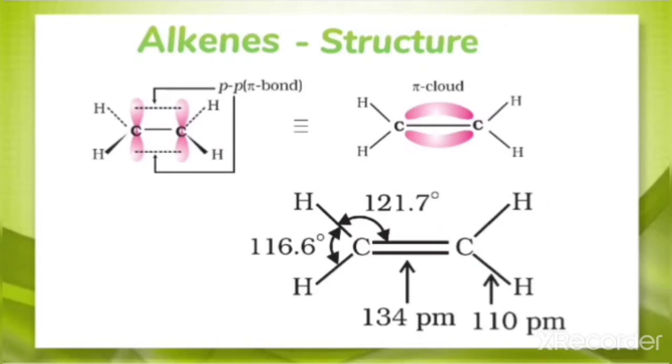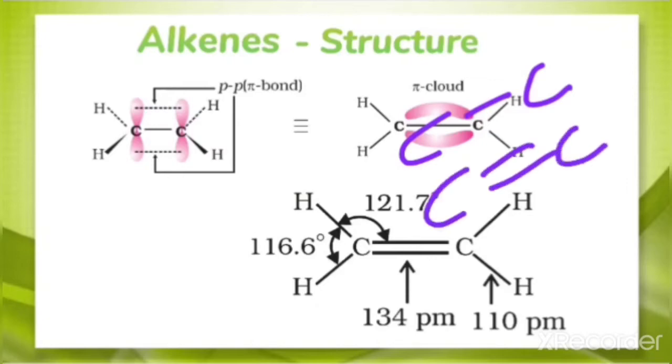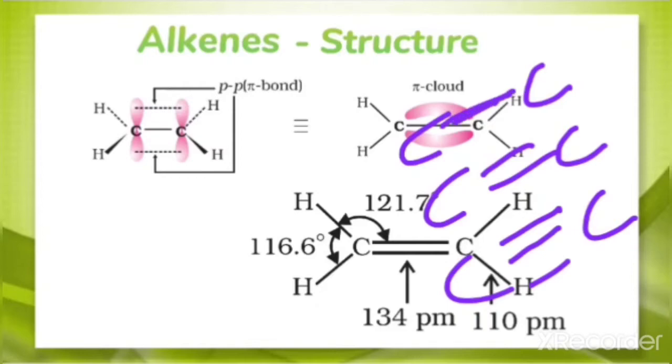Now when we talk about the bond length here, when you compare the C-C bond length and the C=C bond length, when the bond order increases, the bond length decreases. So compared to the C-C single bond, the bond length of the C=C double bond will be shorter.